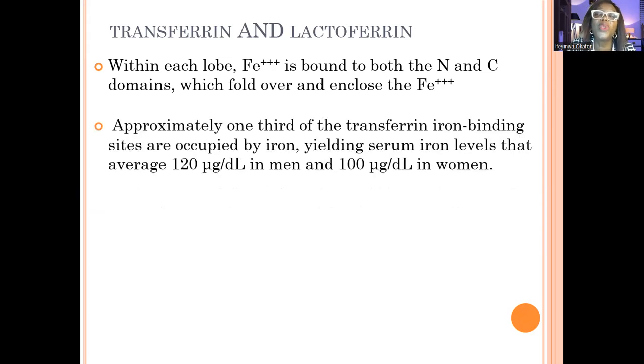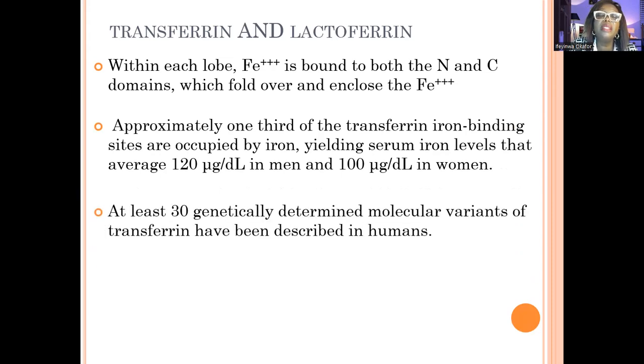Approximately one third of the transferrin iron binding sites are occupied by iron, yielding serum iron levels that average 120 microgram per dl in men and 100 microgram per dl in females. At least 30 genetically determined molecular variants of transferrin have been described in humans.